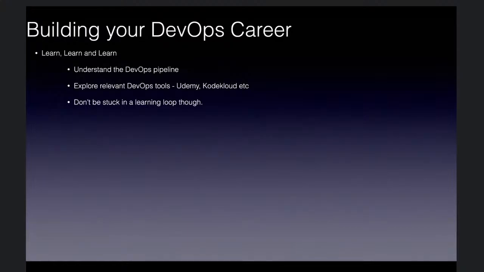And if you need guides, there are random materials on the internet or courses. You have courses on Udemy. I personally like Code Cloud, and I've been using them for some of my DevOps stuff. You can take courses on these platforms just to get a good sense of the things you need.